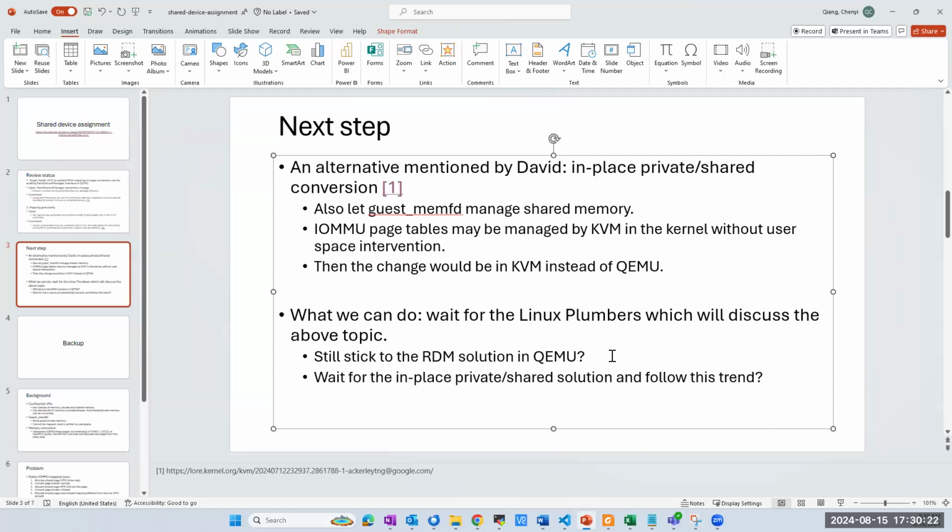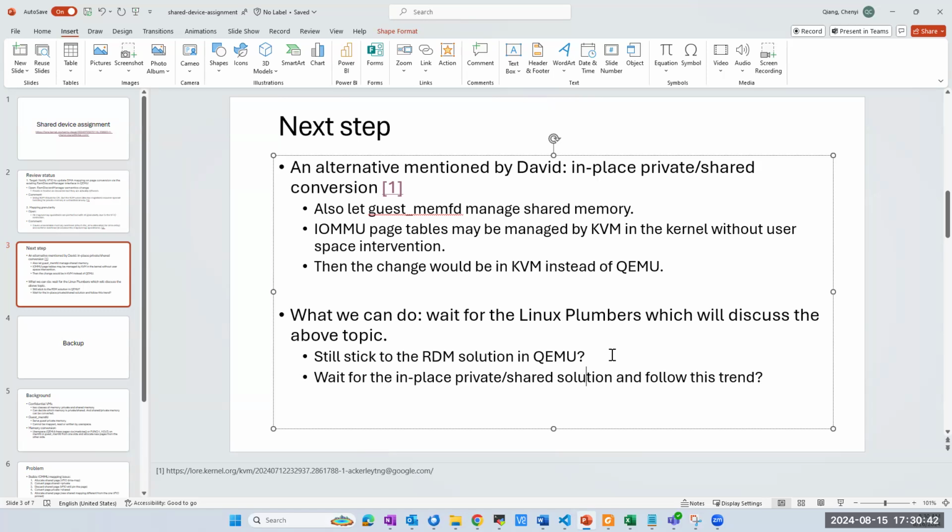So Intel has this branch, not a very unique name. It's called the device pass-through tree, but it's basically our snapshot of the latest TDX enabling, latest QEMU with all the ABI things figured out.